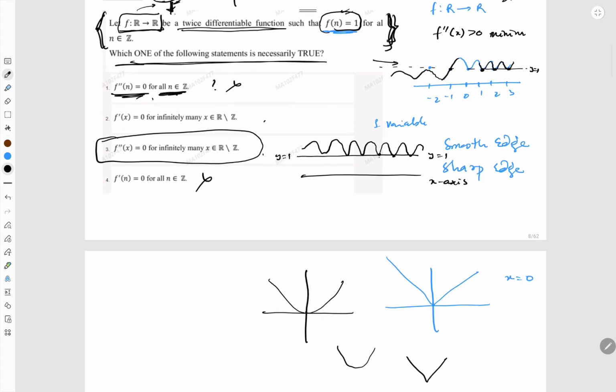If I draw this function, you can see f double dash of x is positive and negative. Here, this is a maxima, so at the maxima f double dash of x is negative, and here it is positive.